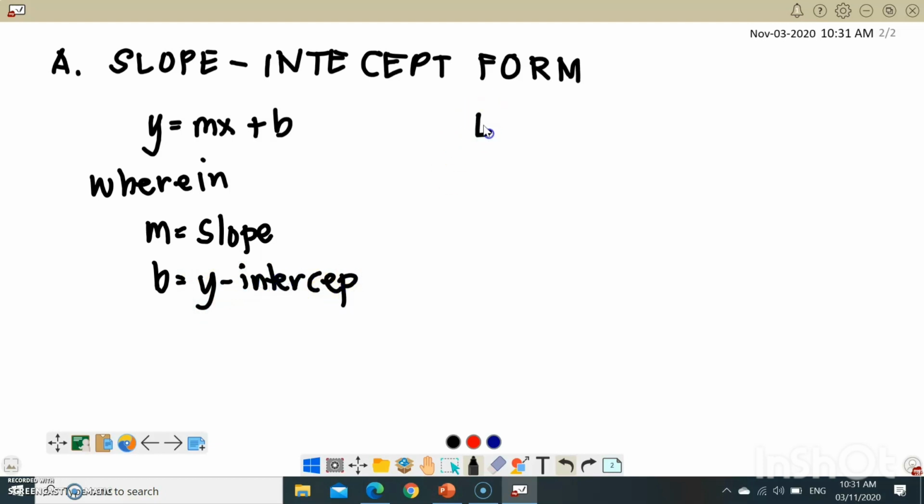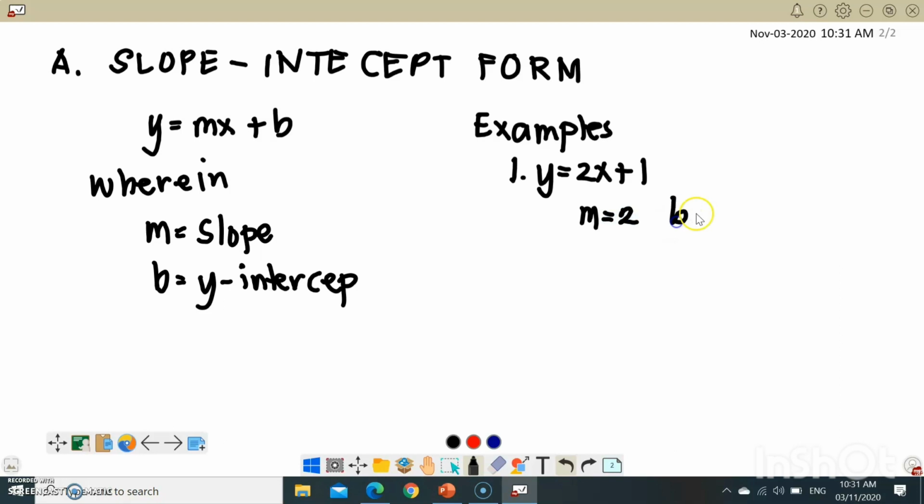Here are examples of linear equations in two variables written in slope-intercept form. We have y is equal to 2x plus 1. M here, or the slope, is equal to 2, and the b, or the y-intercept, is equal to 1.